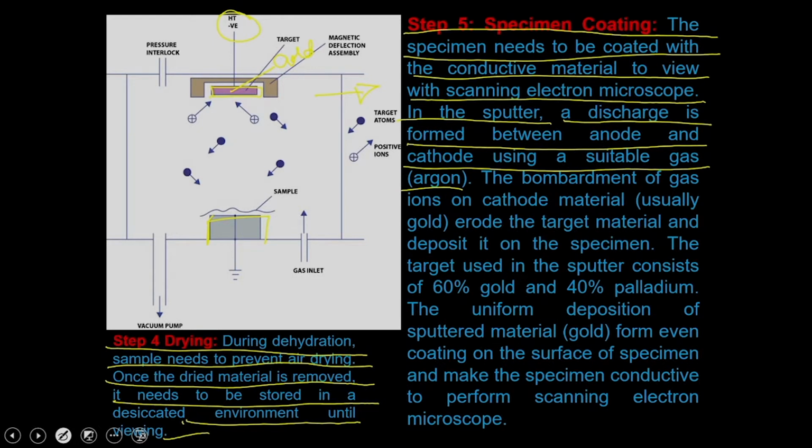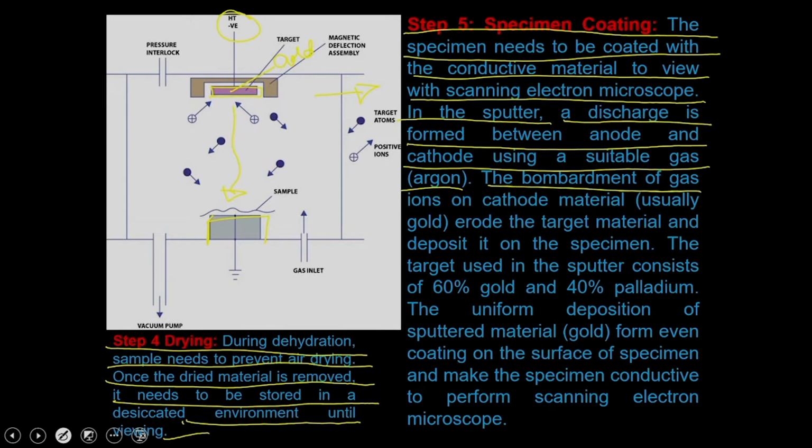When you bombard with gas ions, it takes up the gold and showers the gold on top of the sample, and that is how it makes a smooth, single layer of gold coating on the sample.